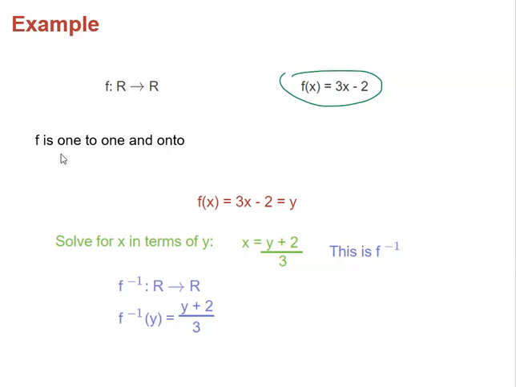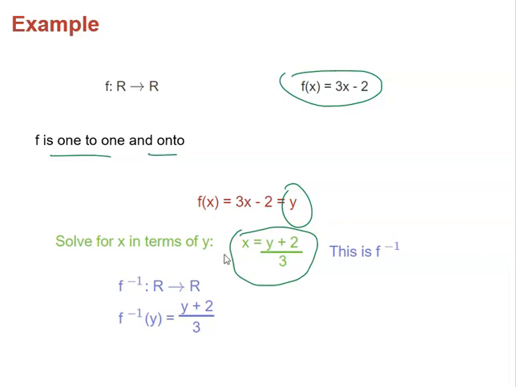So now f is one-to-one and onto, and the way you can find the inverse is that you set 3x minus 2 equals y, right? And then you have to solve for x. If you add 2 on both sides and divide by 3, you get x equals (y plus 2) divided by 3.